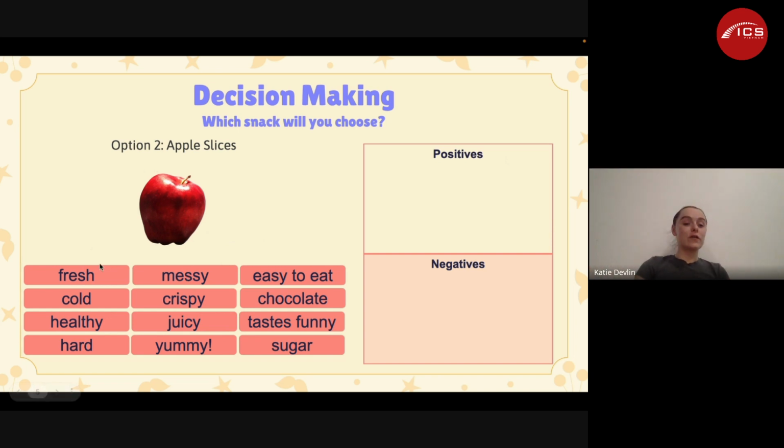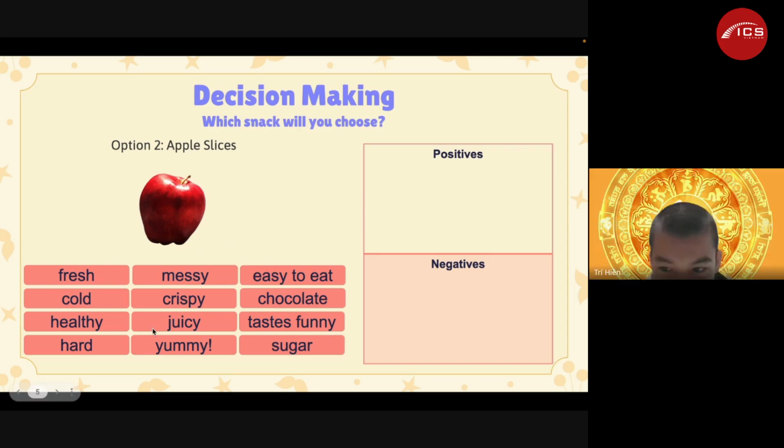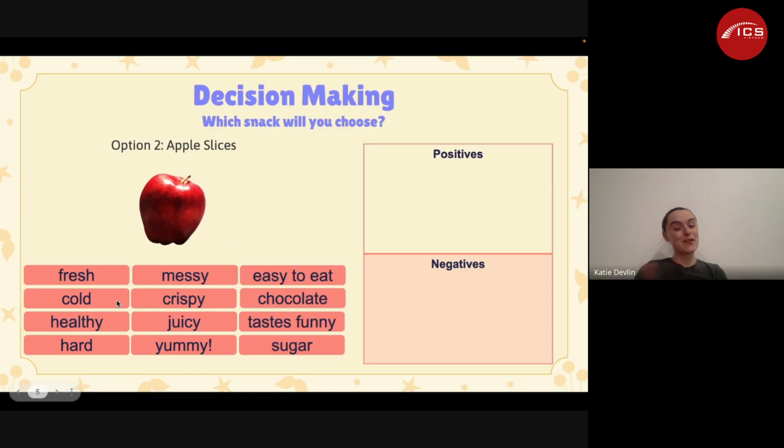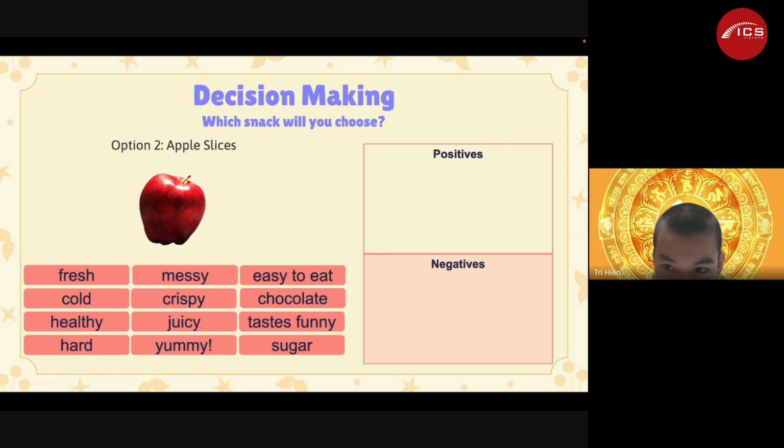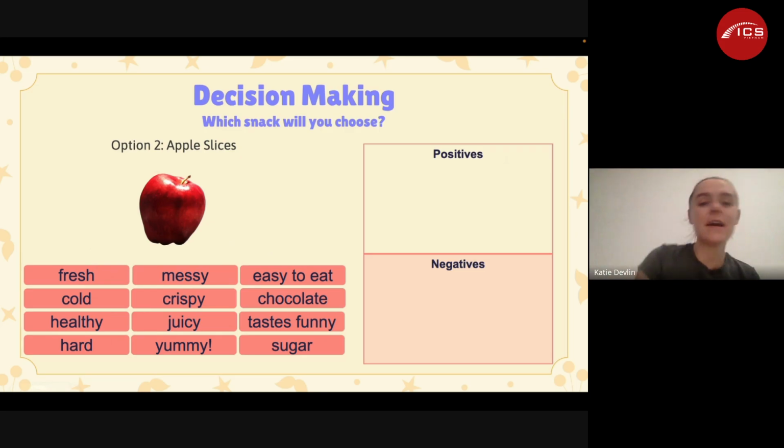You have to choose a word first. One of these, okay? One of these words here. Fresh, healthy. Fresh. Thank you. Well done. Are these good things or bad things? Positive or negative? Positive. Yeah, very good. Okay. Two positive things about apple slices. They're fresh and they're healthy.